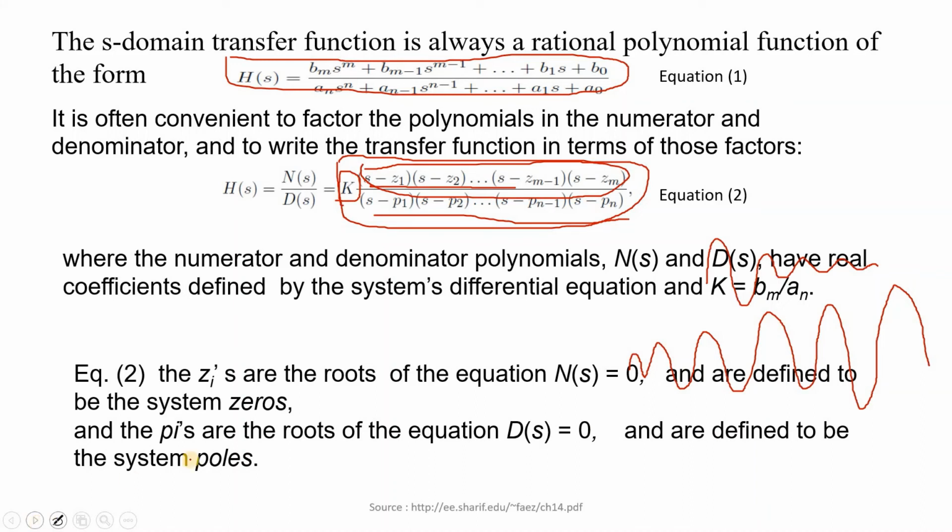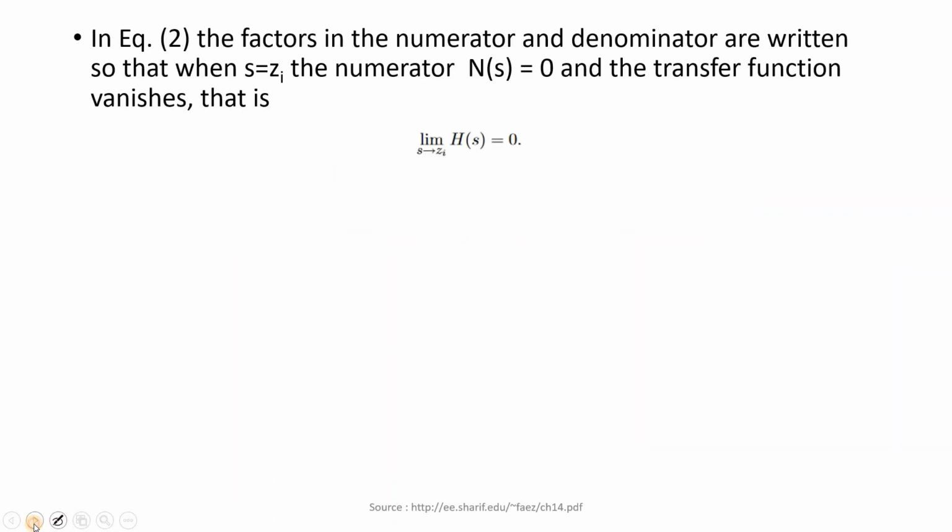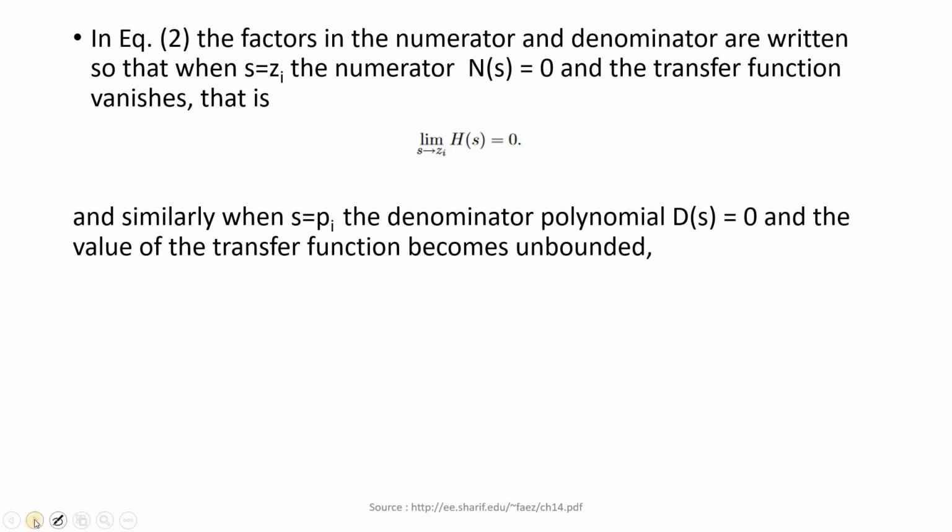The zi's are the roots of the equation N(s) equal to 0, and the pi's are the roots of the denominator equation D(s), often defined as poles. As we can see, the factors in the numerator are written so that when s is equal to zi, the zeros, the numerator and the transfer function vanish.